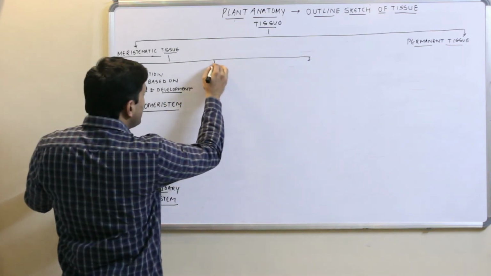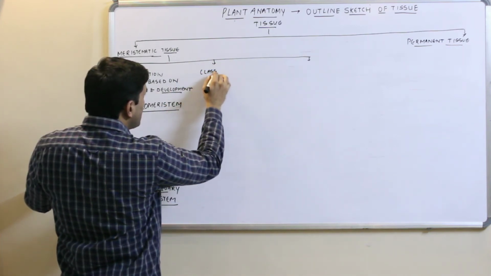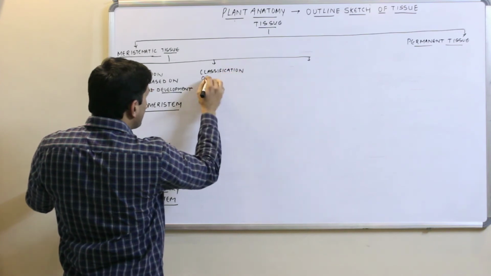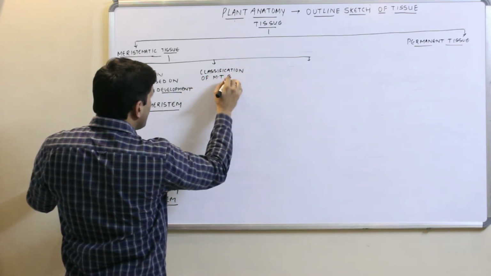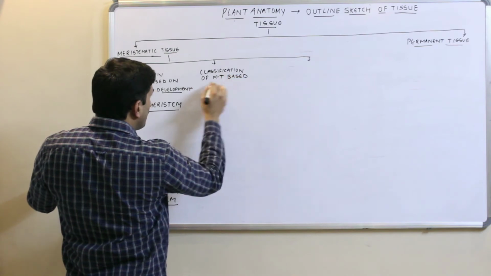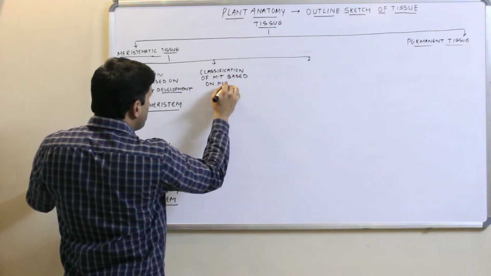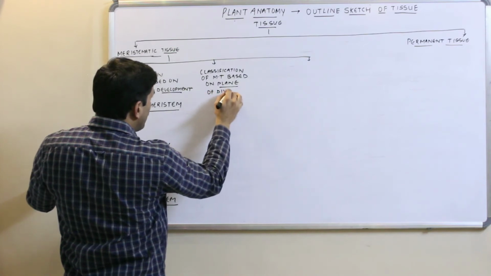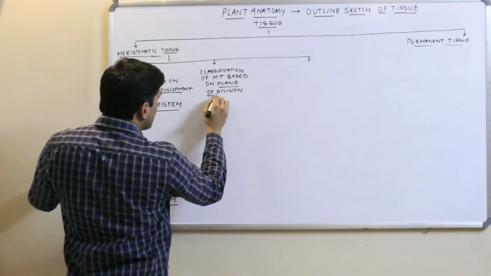Now second is classification of meristematic tissue based on plane of division, right?